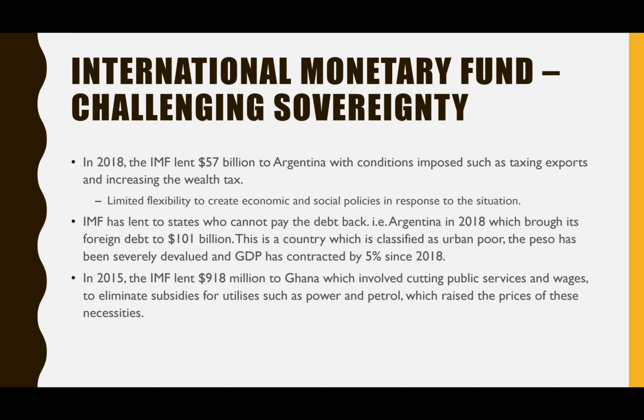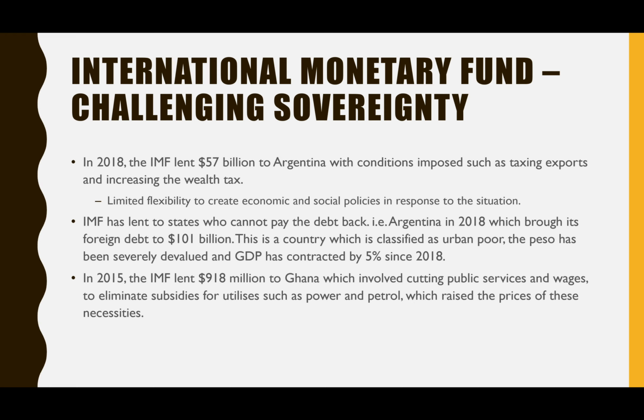Also, the IMF has lent to states who can't pay back their debt. This has again been seen in Argentina and also in Ghana, where they have imposed conditions that are quite harsh. However, in saying this, the IMF is the bank of the last resort, and states are the ones that are asking the IMF for money.